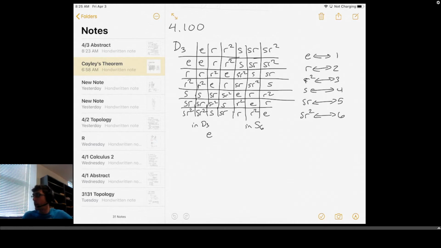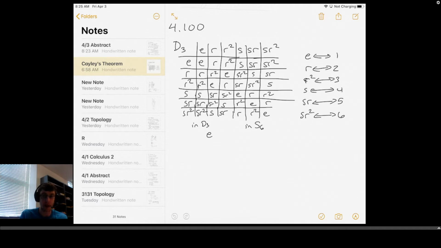Okay. Well, we'll be doing this for a little bit because we're going to go through this example first, then we're going to use that to help us actually prove the theorem. So let's look at this example first.